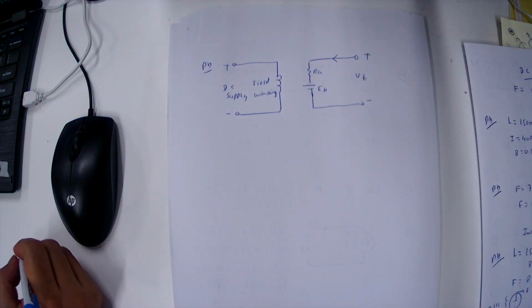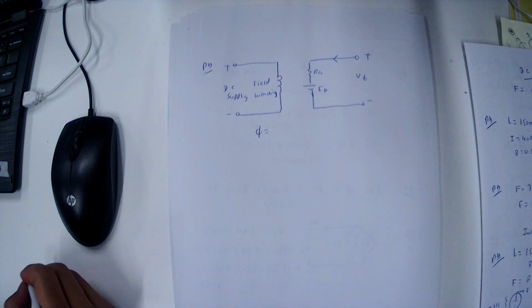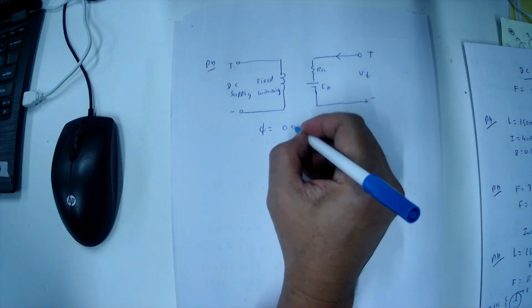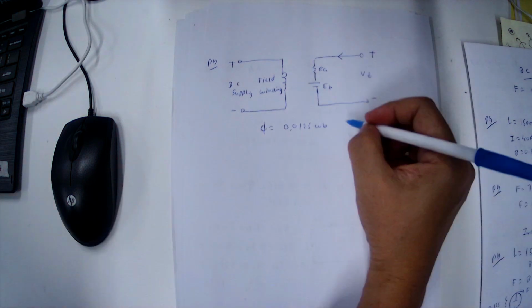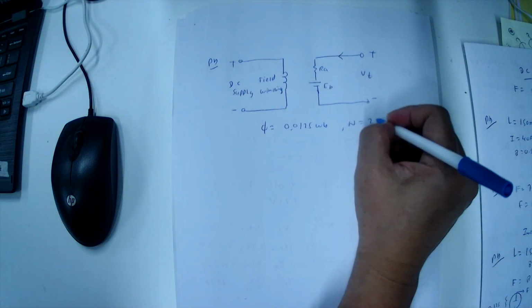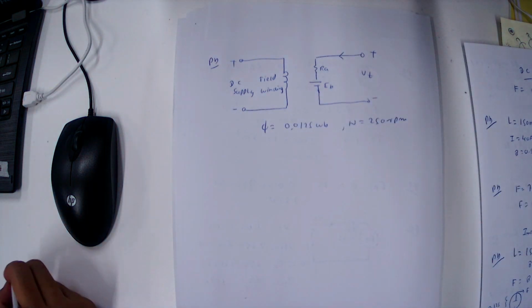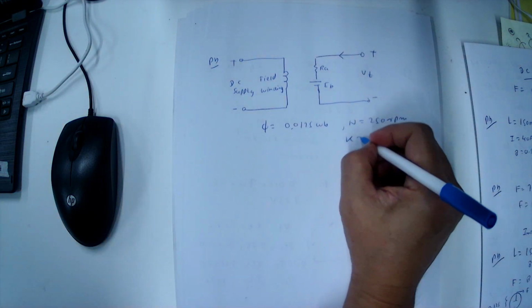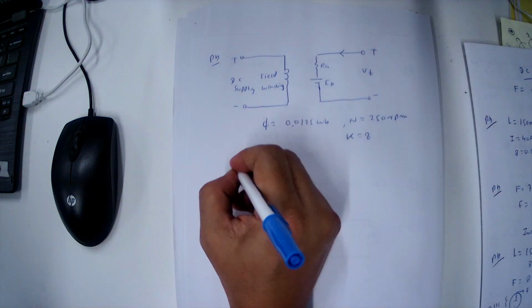Firstly, we have to calculate the back EMF. In this case, the machine flux phi is 0.0125 Weber, run at 250 RPM, machine constant K equal to 8. So we have to calculate back EMF EB.